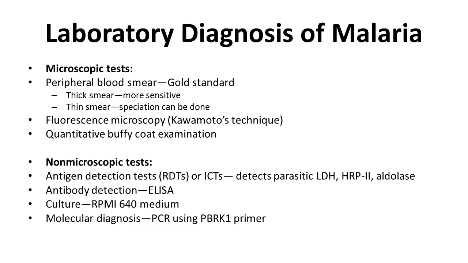It has more sensitivity, that means it increases the detection capacity. We are adding more than one drop of blood, so it increases the chances of detection. But the thin blood smear we use to identify the species.